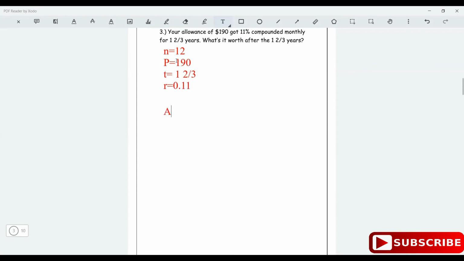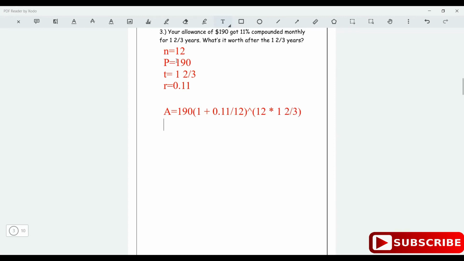So that means the amount is equal to the principal, 190, times 1 plus r over n, 0.11, your rate, divided by 12, raised to the n times t, which is 12 times 1 and 2/3.